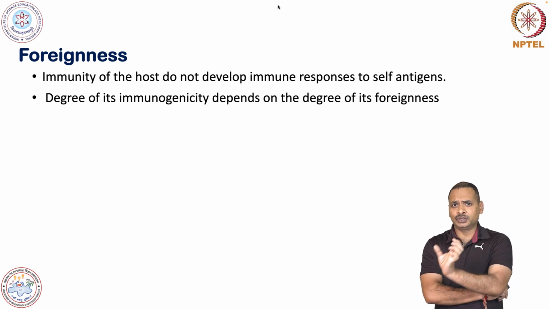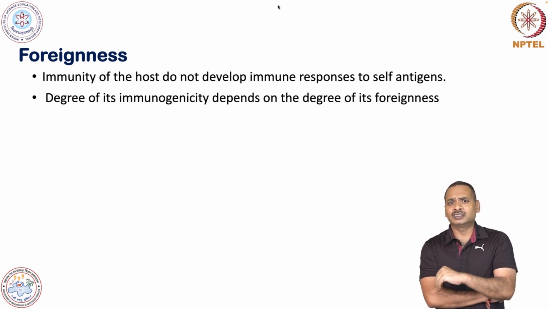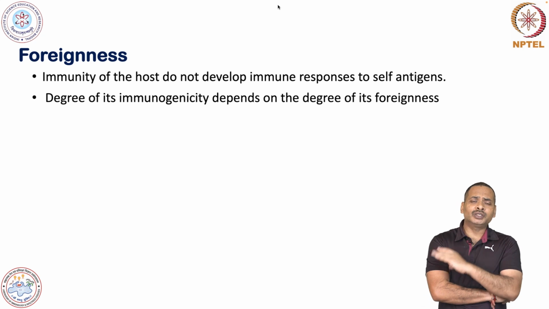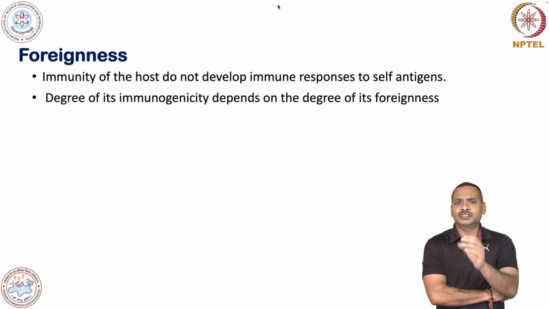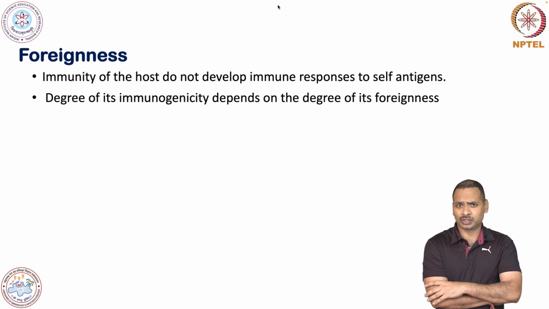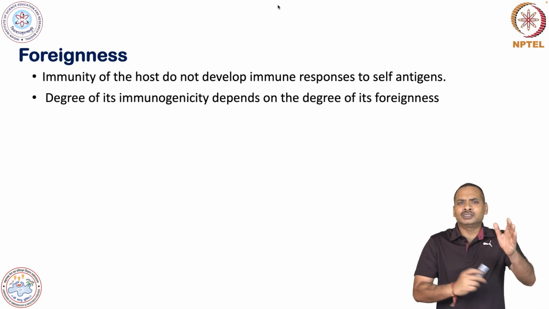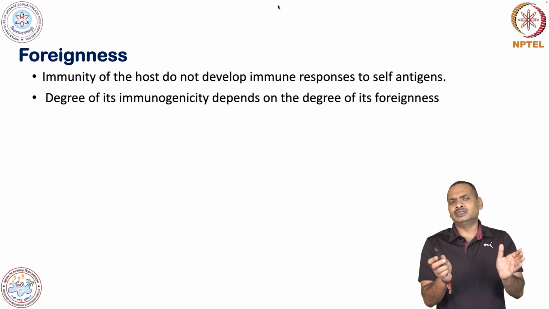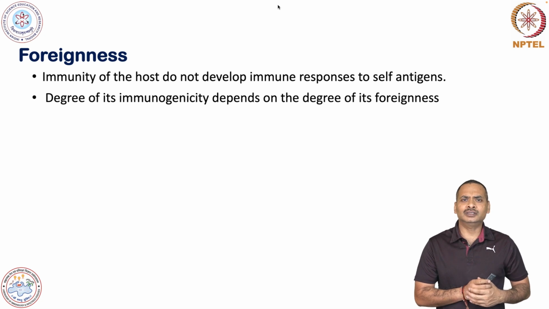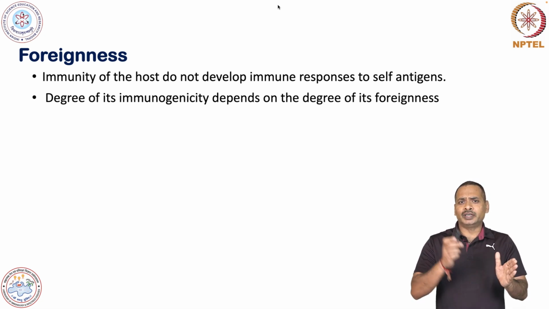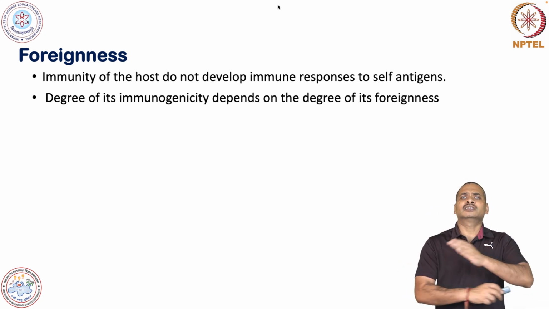The BSA which you injected into the chicken is highly immunogenic compared to the BSA which you injected into the goat. Why? Because there is a very small degree of difference between cow and goat, but in case of cow and chicken there is a great difference.